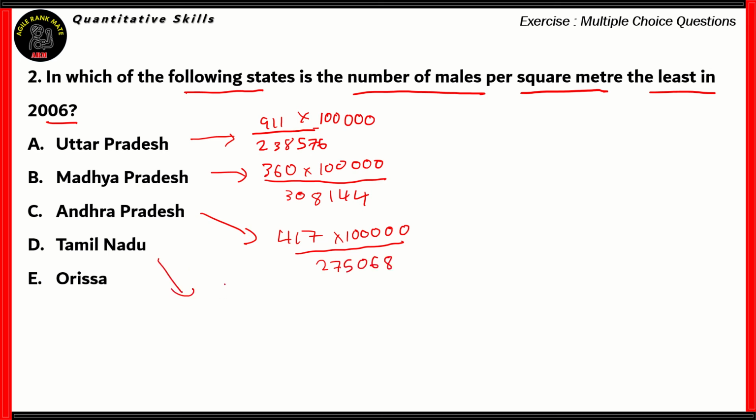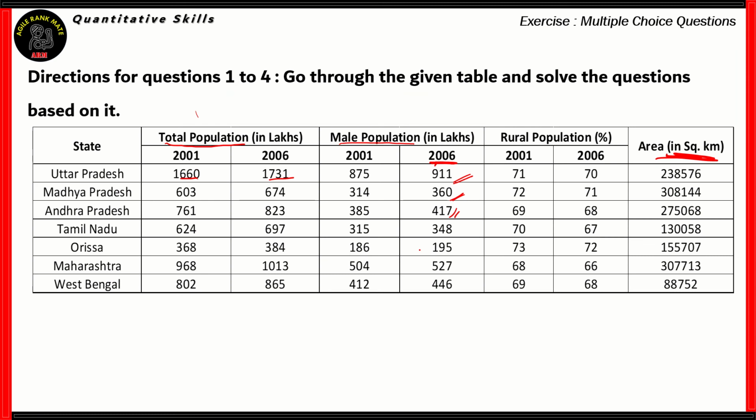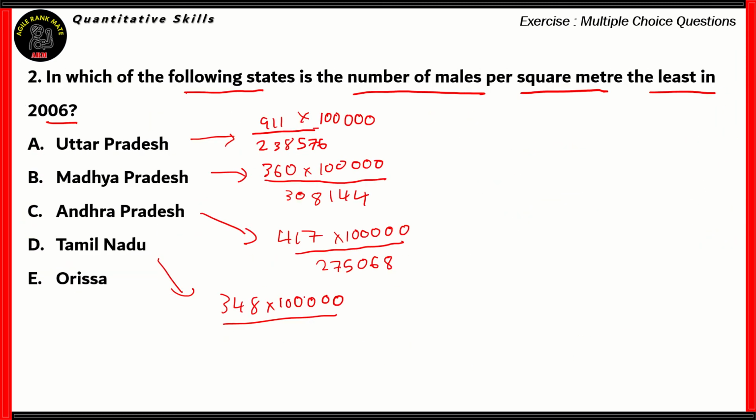Now in Tamil Nadu, the next state, you have 348 lakhs males. I believe that's the right answer, yes. And the area here is 130058. Finally, we have Orissa. Its male population is 195 lakhs.